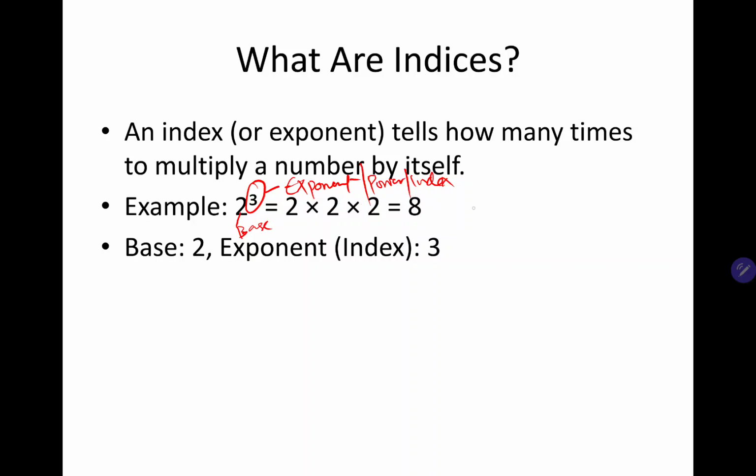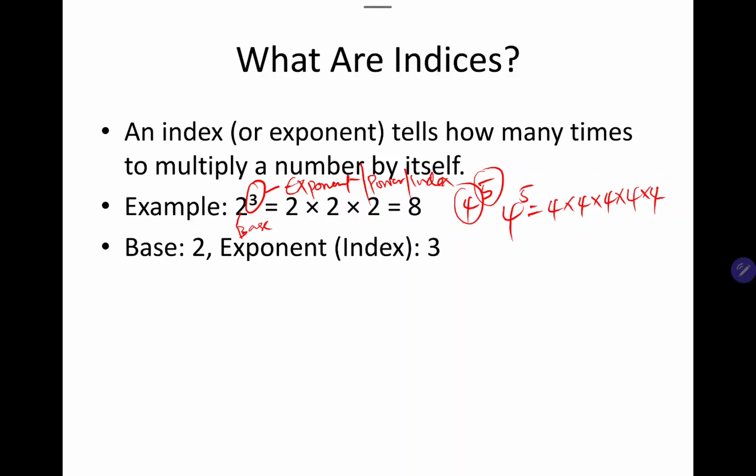For another example, if you have 4 raised to the power 5, here 4 is the base and 5 is the exponent. So 4 raised to the power 5 is the same thing as 4 multiplied by 4 multiplied by 4 multiplied by 4, 1, 2, 3, 4, 5, one more.